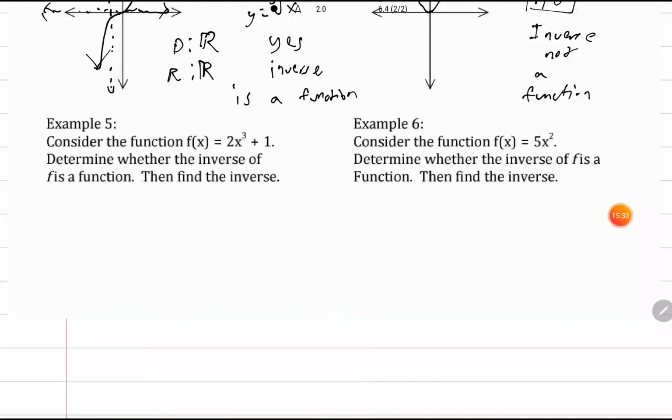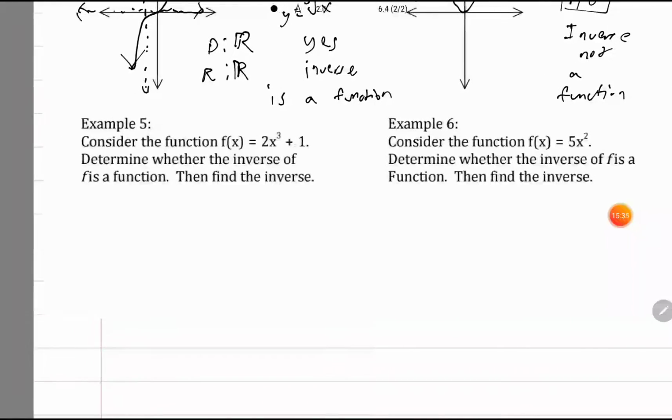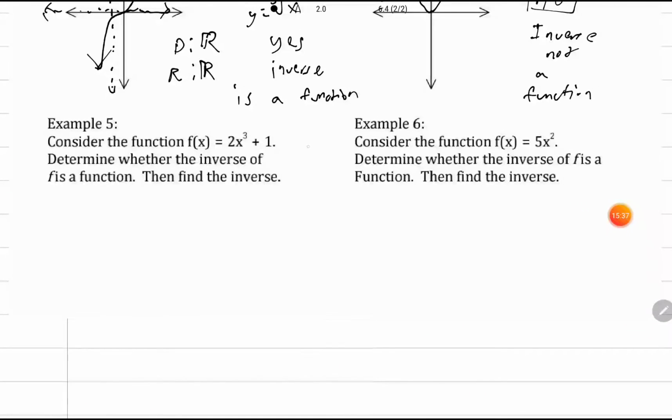You would graph this function, and you would realize it is a cubic, so it does something like this. And it passes the horizontal line test, so you say, yes, it does. So that was the first part.